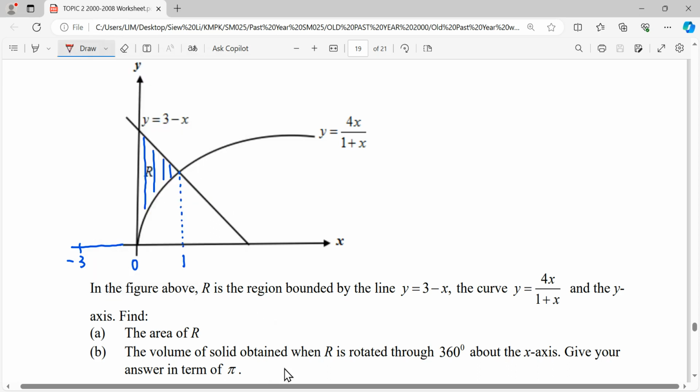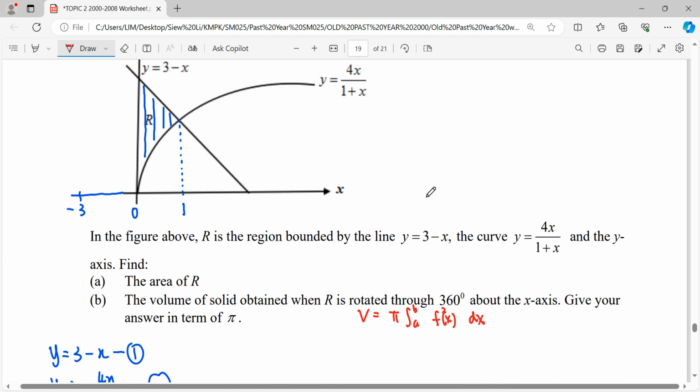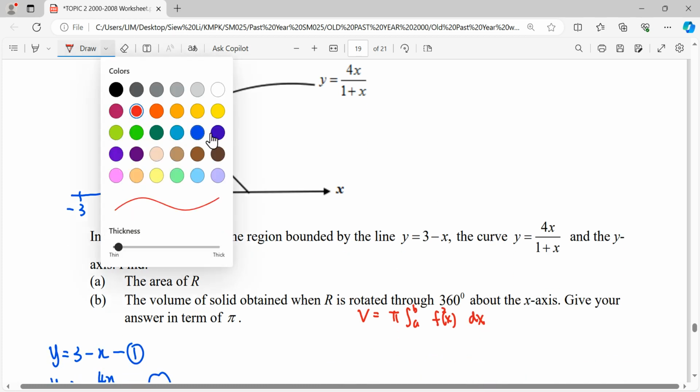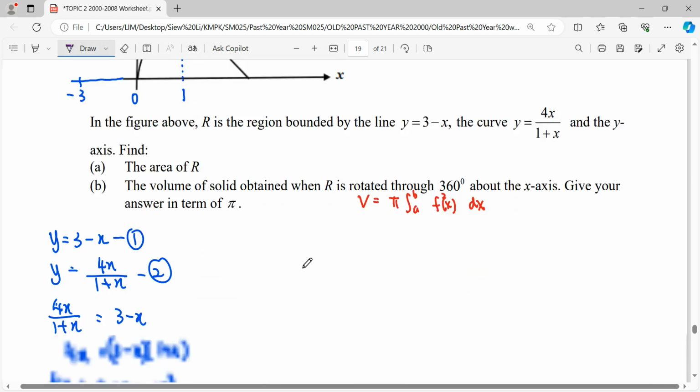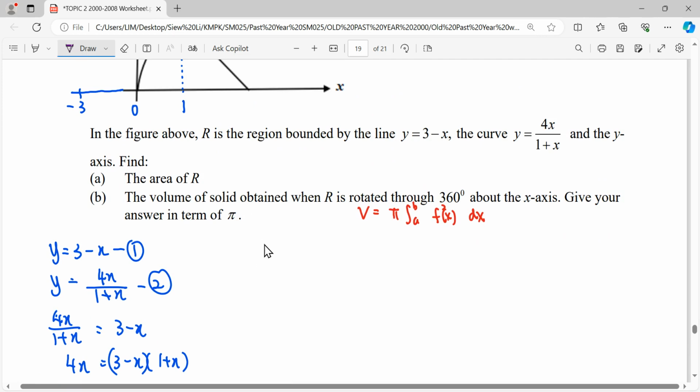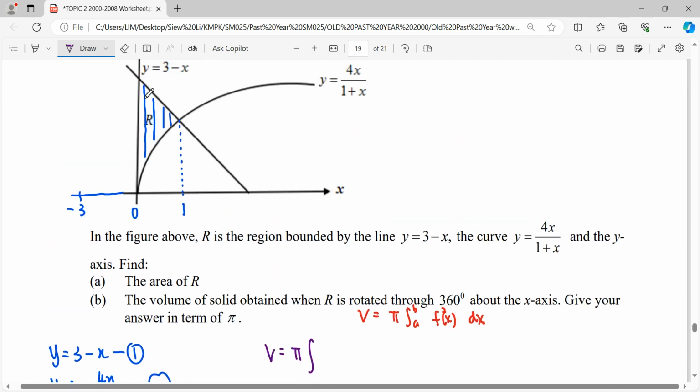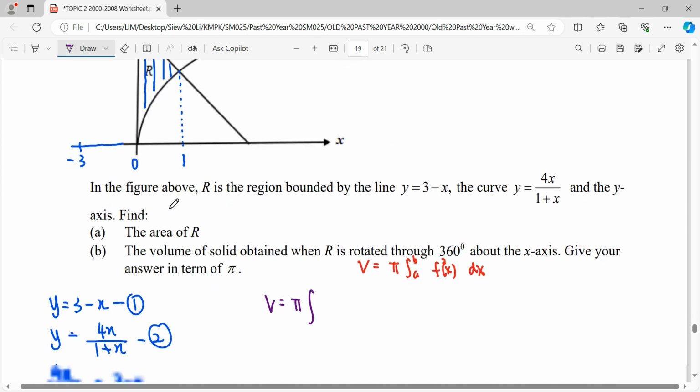When we want to find the volume rotated about the x-axis, we need to integrate from the lower limit to the upper limit the function in terms of x squared, then dx. So for this volume, we integrate from 0 until 1.